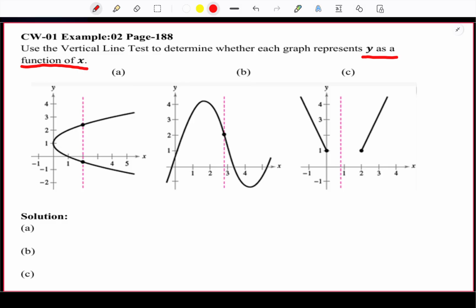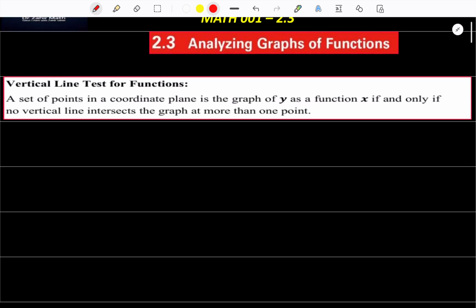But right now, there is no equation. You will get the sketch. Sketch means graph. So in the graph, how are you going to say the given graph is a function of x? For that, we need to do one test called the vertical line test for functions.